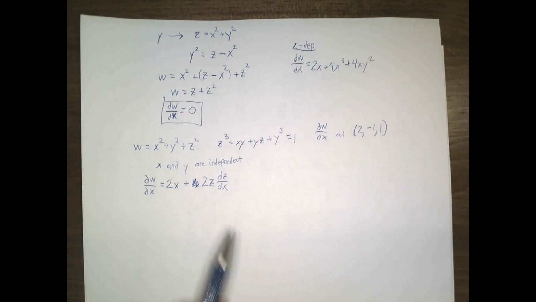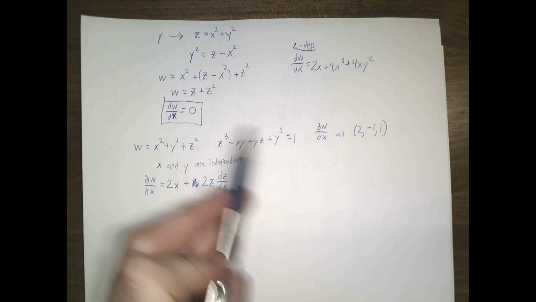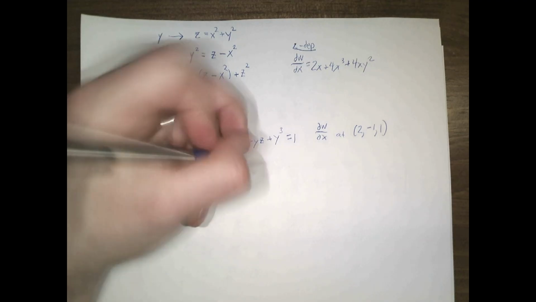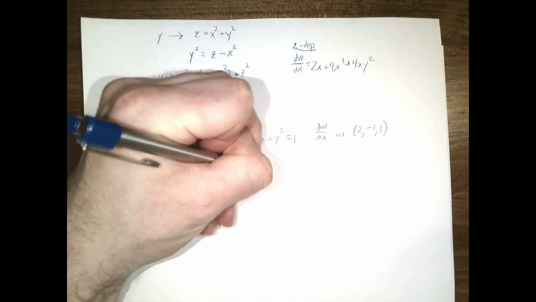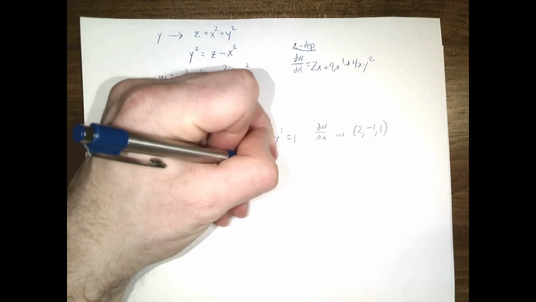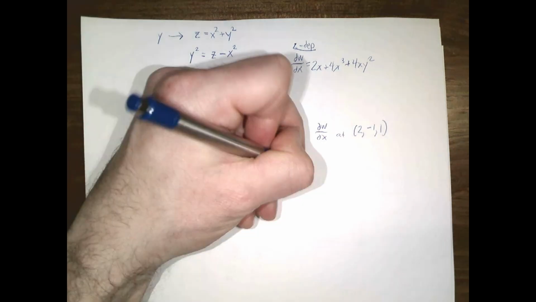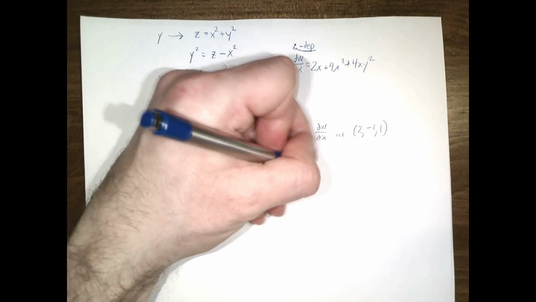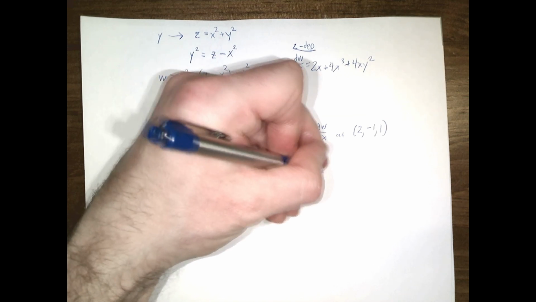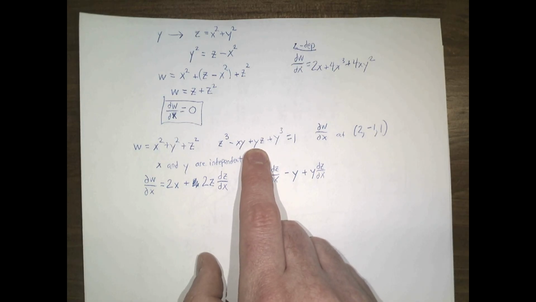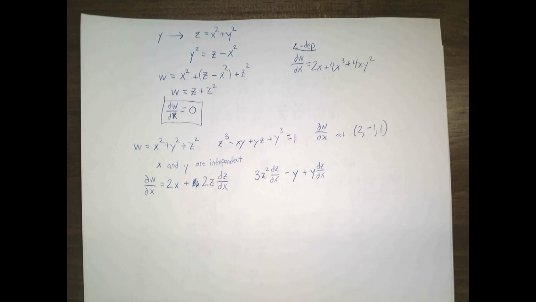which we can now figure out by taking the same x derivative of our constraint to see what this dz dx looks like. So we'll get 3z squared dz dx minus y plus y dz dx. Here, just as a reminder, y is a constant in terms of x. Z just becomes the derivative of z with respect to x, and then the y cubed is constant.